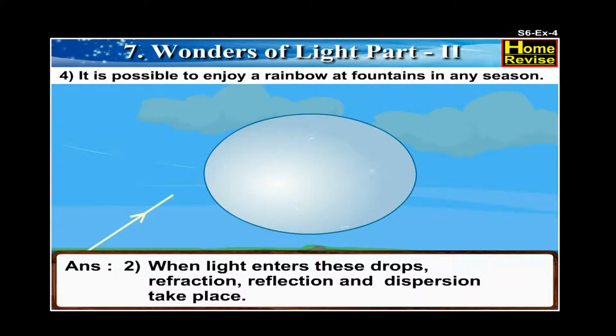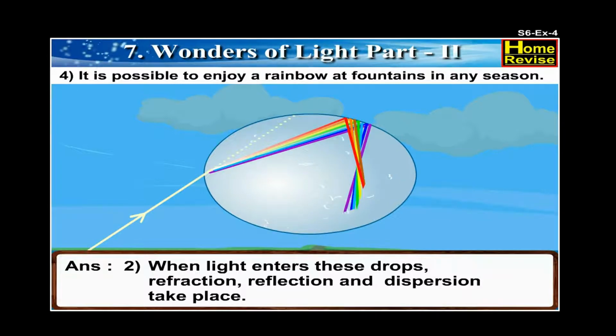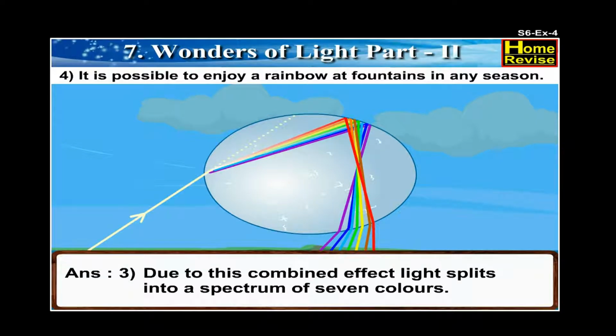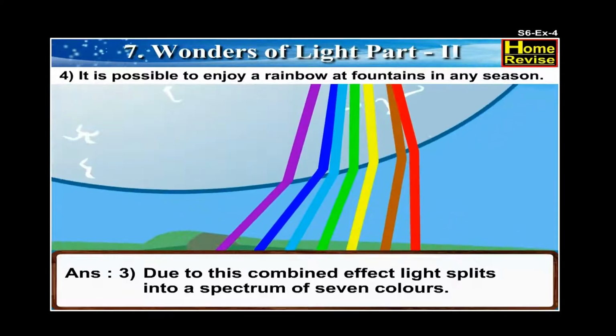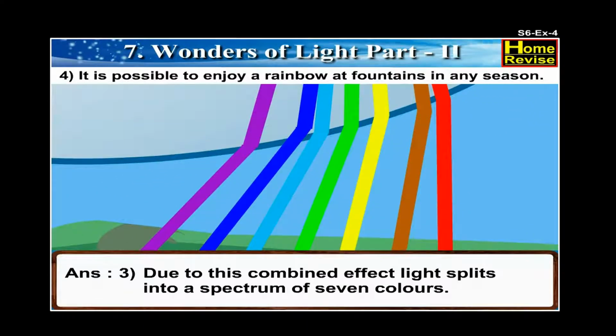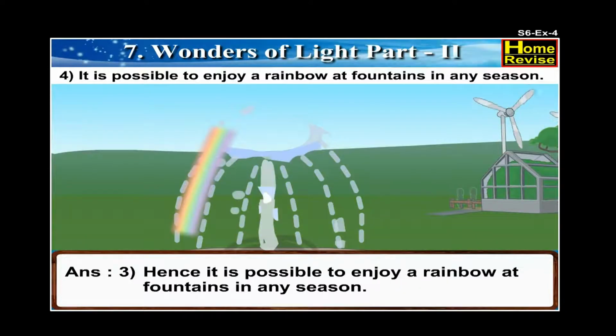When light enters these drops, refraction, reflection, and dispersion take place. 3. Due to this combined effect, light splits into a spectrum of 7 colors. Hence, it is possible to enjoy a rainbow at fountains in any season.